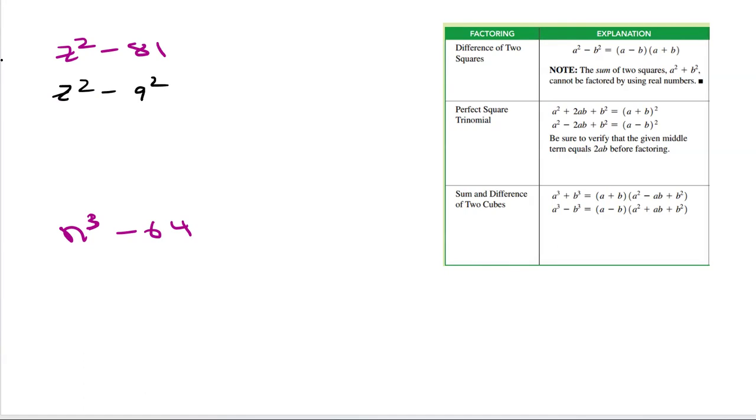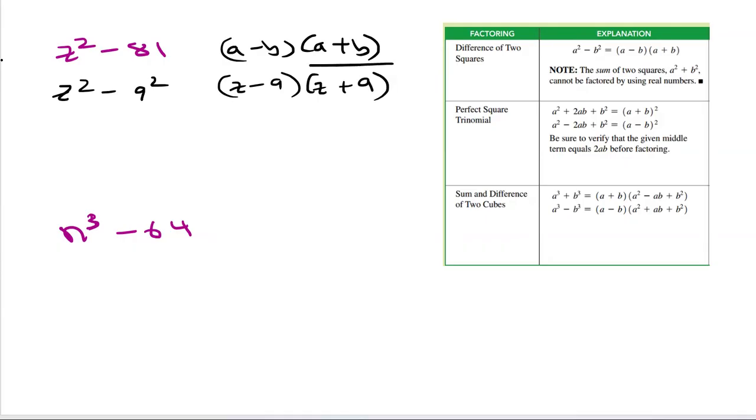Okay. Now I can just factor it. So that will be a minus b times a plus b. Okay. So in this case, my a is z. So that will be z minus, and then my b is my 9. So z minus 9. For my a plus b, that would just be the opposite, z plus 9. And that's it. So these will be my factors.